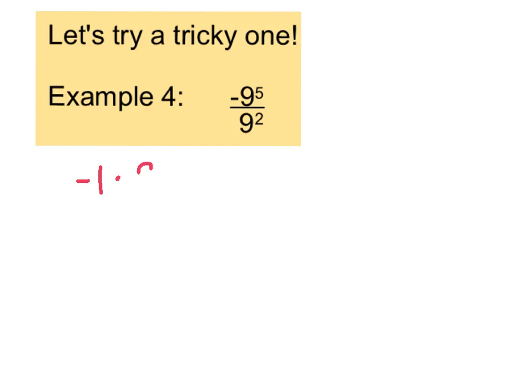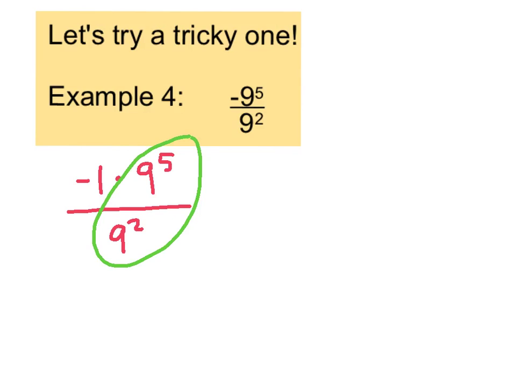-1 times 9 to the 5th power, which will still be equal to -9 to the 5th power. We haven't changed anything, we just rewrote it in a different way. Divided by 9 squared. Now, I can apply the quotient rule that we just talked about, because I now have the same bases right here.